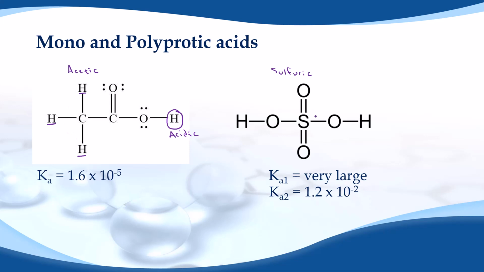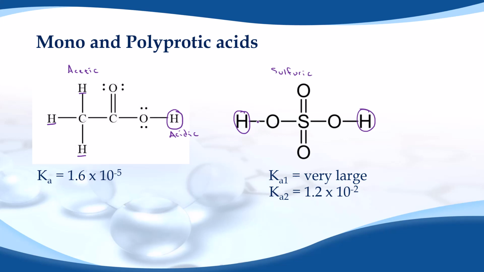For a polyprotic acid like sulfuric, we have two acidic hydrogens, one here and one here. For removing the first proton, these two hydrogens are identical, so it doesn't matter which one you remove first. They're both really easy to remove, because look at what they're attached to. Look at all the highly electronegative oxygens in this region.